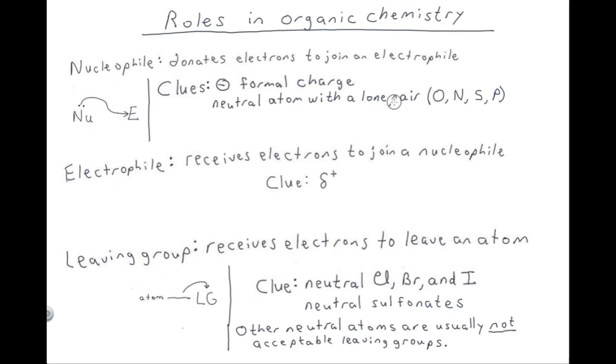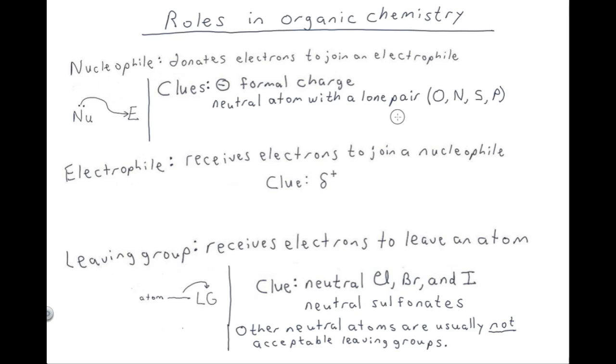A lone pair is not as stable, not as happy as electrons in a bond. So when there are electrons in a lone pair, they would like to be donated so that they can move from a lone pair into a bond. That's an explanation for why a neutral atom with a lone pair wants to be an electron donor, wants to be a nucleophile.